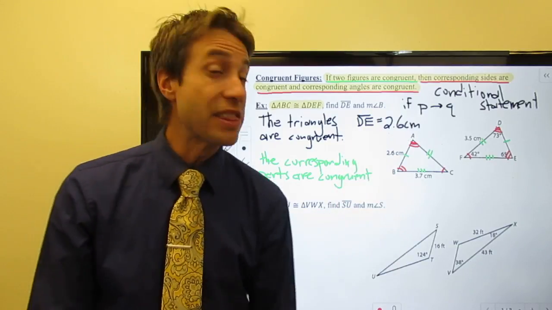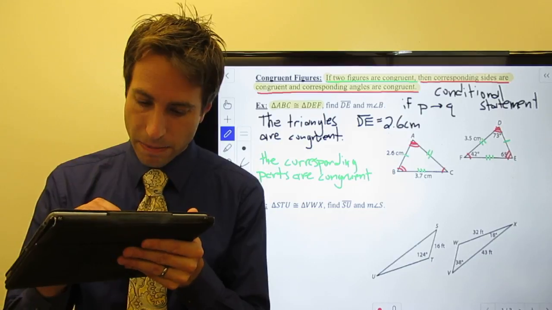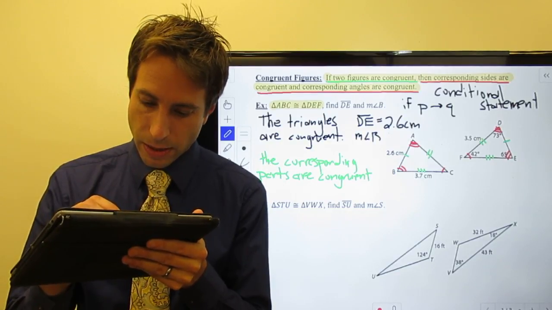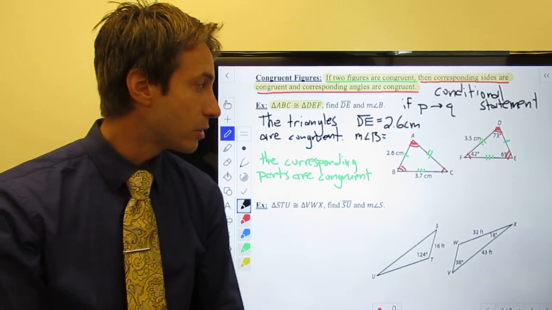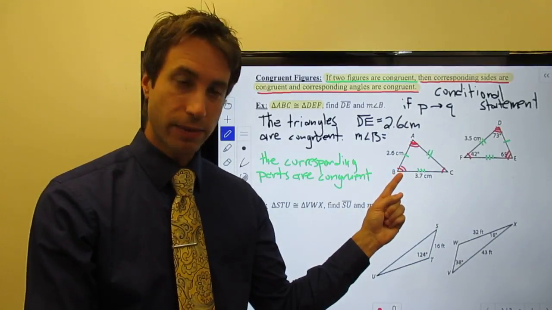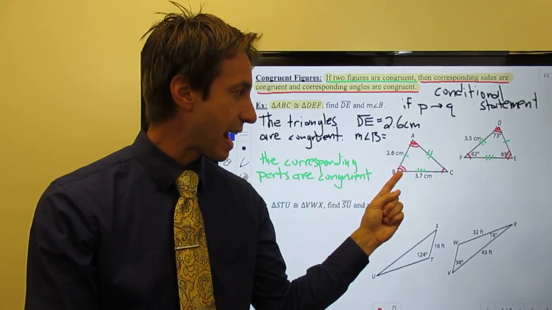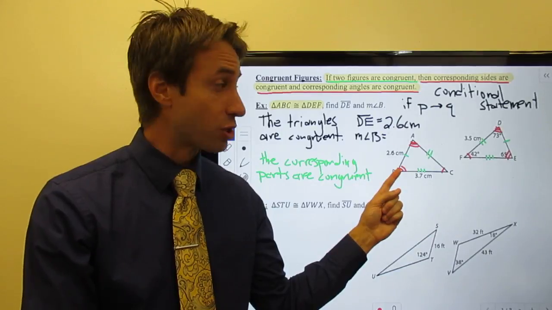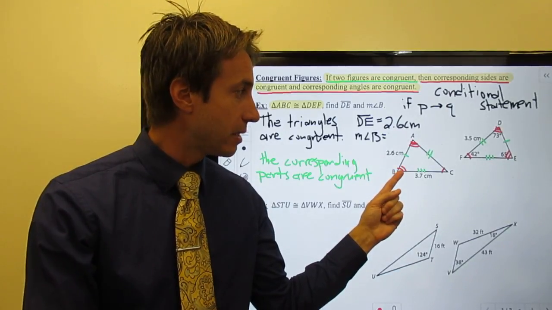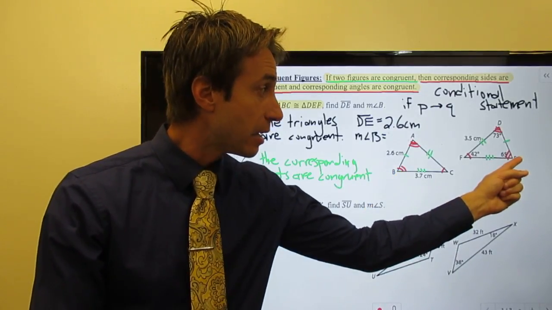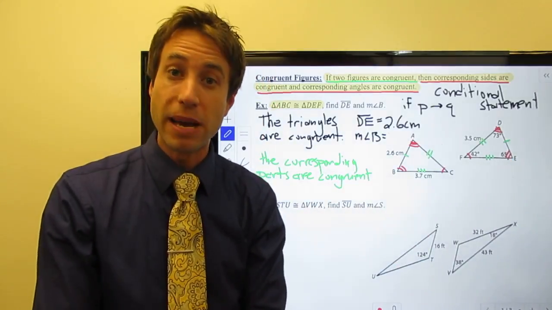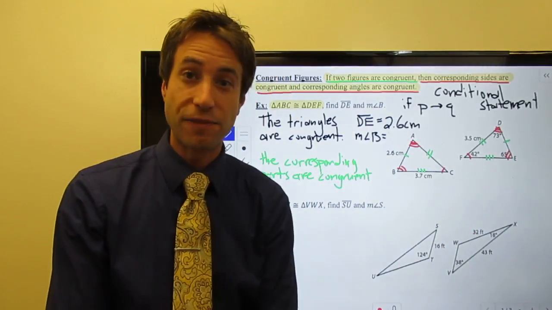I also ask you to find the measure of angle B. We can do that. Here's B right there. I want to know what's the measure of that angle. Well, find its corresponding angle in the other triangle. B, 2 arcs. E, 2 arcs. What's the measure of E? 65 degrees.